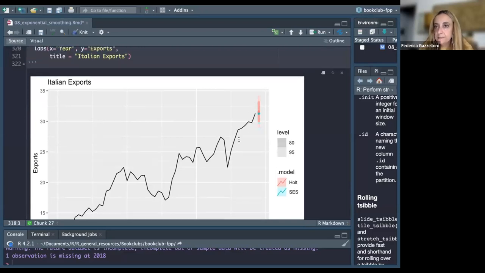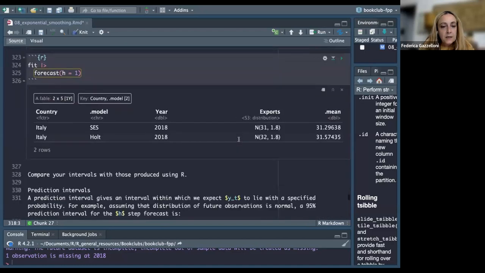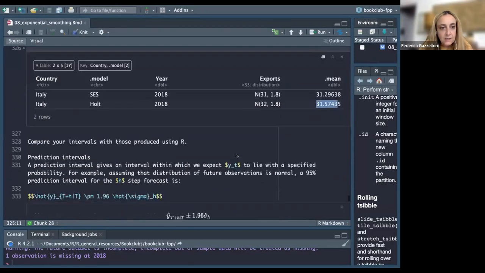Is that right? Yeah. If we look at the forecast for the first period, we can see, as we already saw previously, the normal distribution for the error that we hypothesize, and these are the mean estimations.